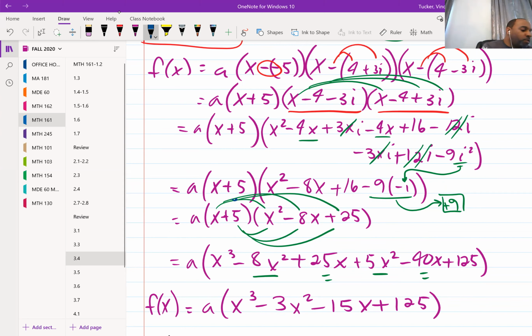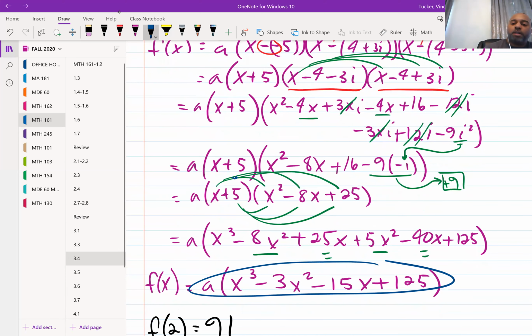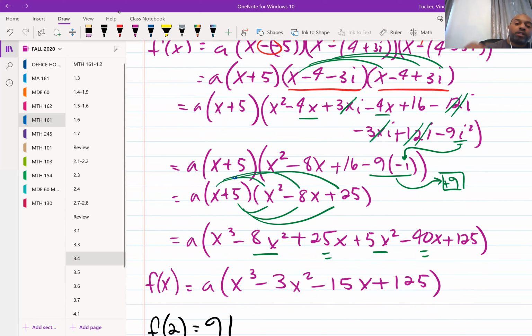Combine your like terms, negative 8x squared plus 5x squared is negative 3x squared. And then 25x minus 40x is negative 15x. All right, so we have this as our most simplified expression up to this point.